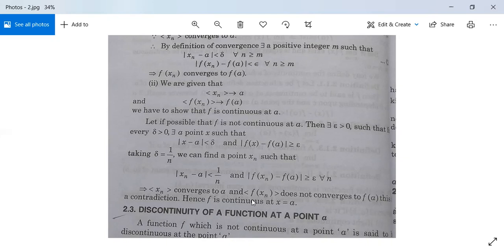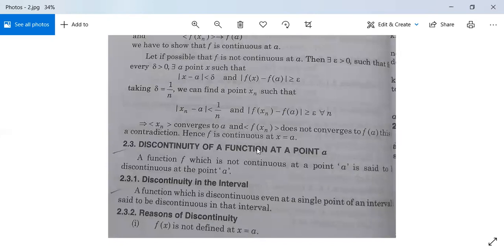This is a contradiction, hence the assumption that the function is not continuous is not true. Therefore, the function is continuous at x equal to a. So this is your sequential criterion.